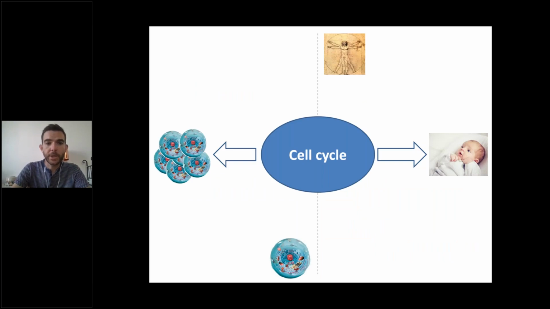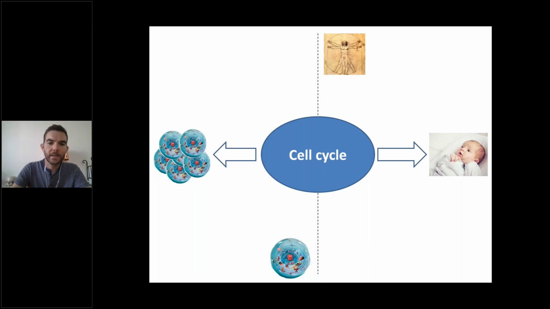In my team, we are especially interested in studying the processes that control growth, especially fetal growth. So we are interested in the factors that control the cell cycle. You can think at two levels.